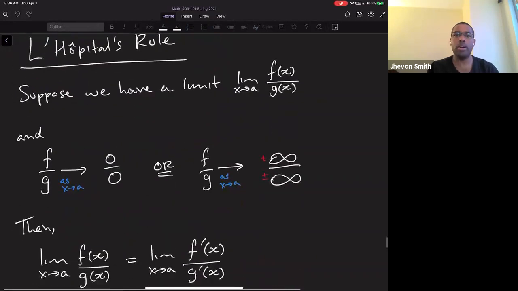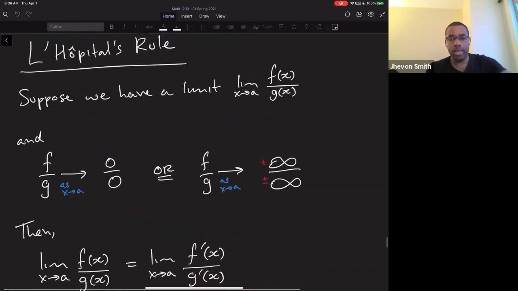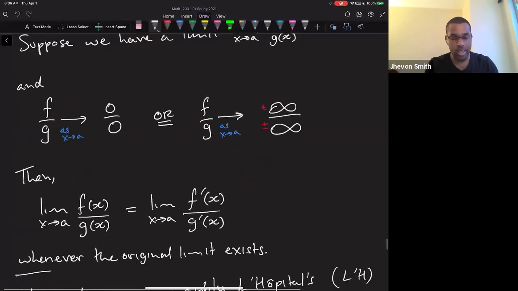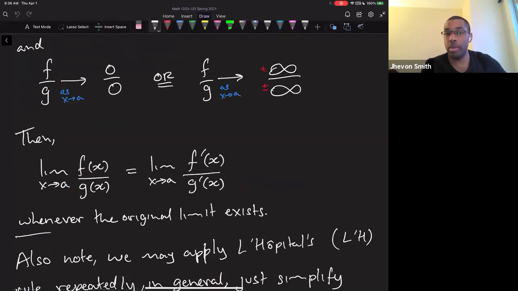L'Hopital's rule itself basically says that if you have a limit of a division and you want to find that limit, but you notice that the limit goes to 0 over 0 or infinity over infinity, then you can apply this rule here, which says that the original limit is going to be the limit of the derivative of the numerator divided by the derivative of the denominator. That's it.